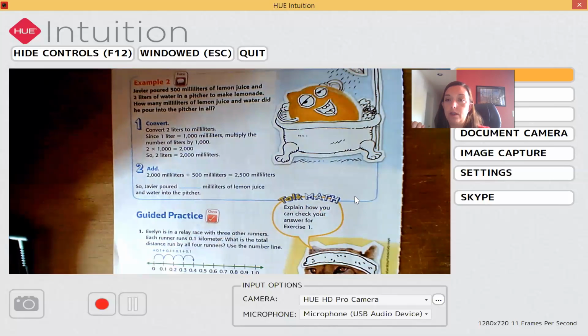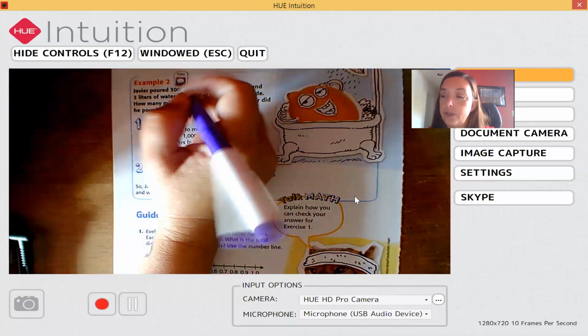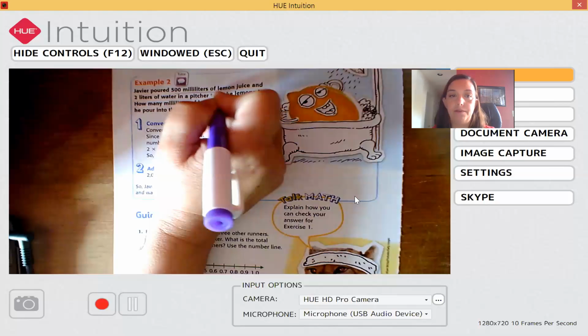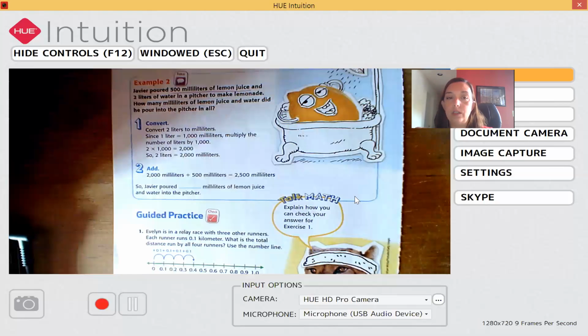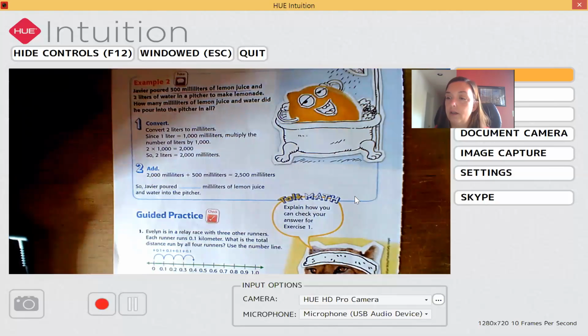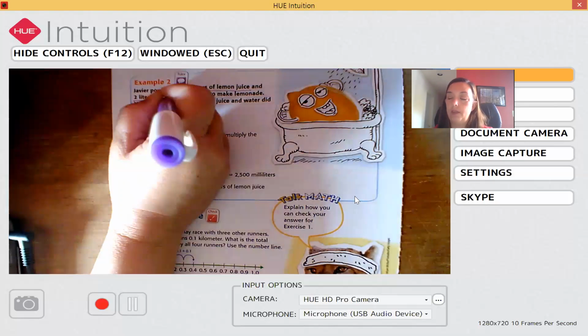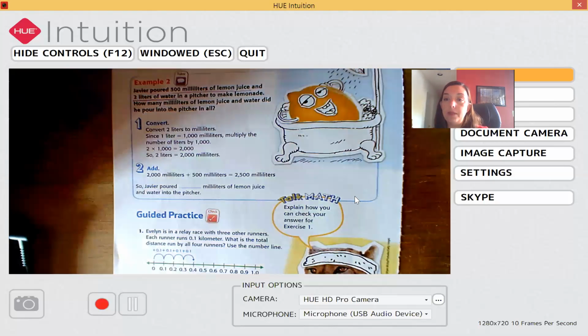So here's the information that we had. We have that he used 500 milliliters of lemon juice, right? And we also know that he used 2 liters of water. And the question is asking how many milliliters of lemon juice and water together did he pour into the pitcher.